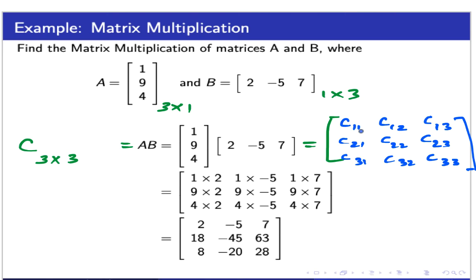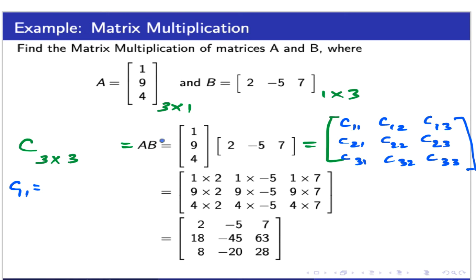This element, C11, means you multiply. This is how you look at it: you go to the first matrix and look at the first element, and you go to the second matrix and look at the element given by the second subscript, which represents the columns. Remember that.